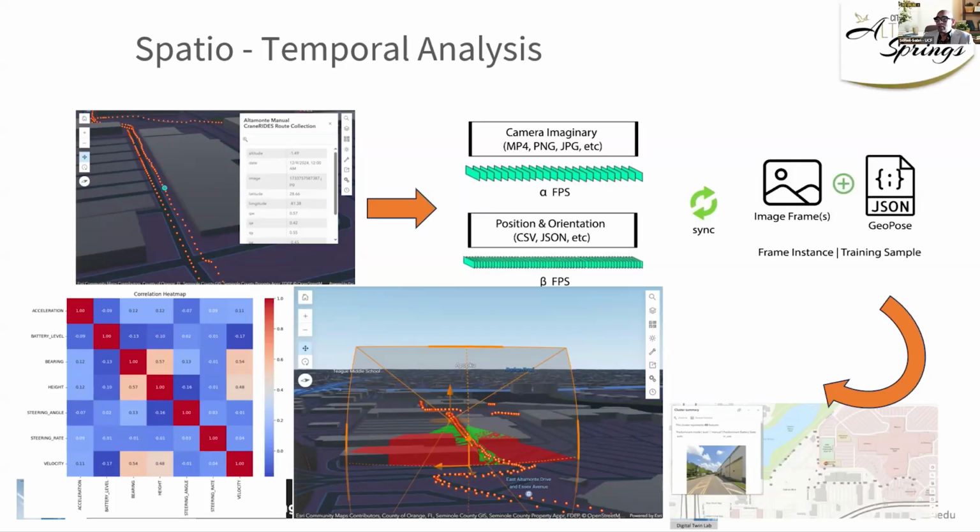They deployed an autonomous shuttle bus around a particular area. So we used GeoPose integrated with the imagery collected through the autonomous vehicle. And the idea here is to understand human behavior in different built environment settings.